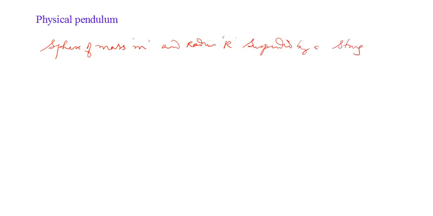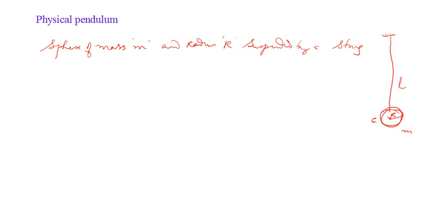If you show it diagrammatically, if this is the pivot point and you have some string of length L, and at the end of the string you have a sphere of some dimensions, with radius r and mass m, and up to the center of mass, G, the length is n. So this sphere has some finite size, and that is known as a physical pendulum.